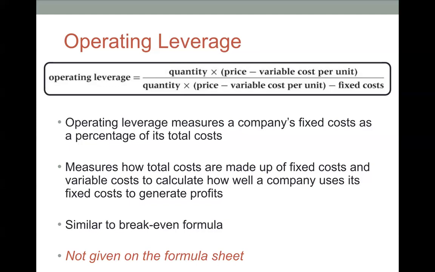There's only one difference in that denominator. It's total contribution again, minus fixed cost. Okay, so we're really measuring the value of our fixed versus variable costs, what percentage is fixed versus variable. And so we are really looking at how much of our total costs are made up of fixed costs and variable costs.